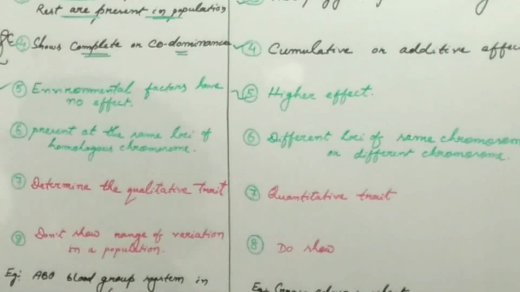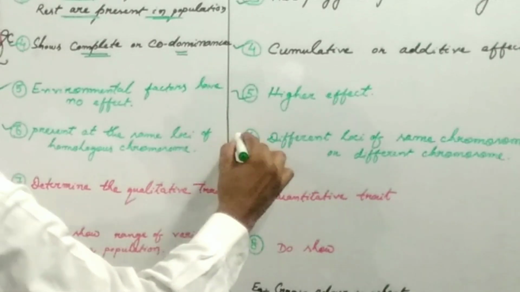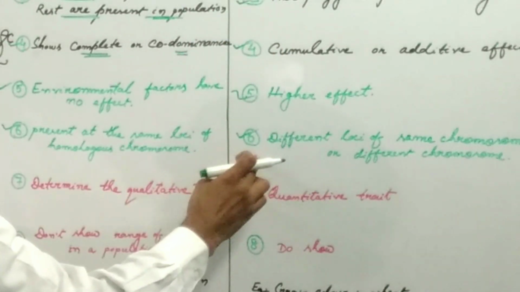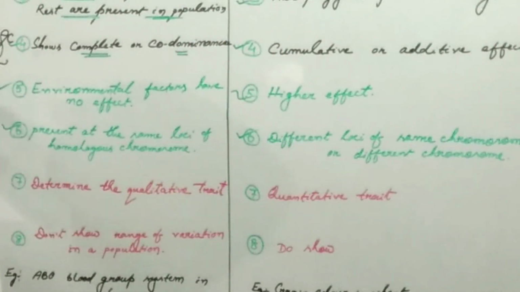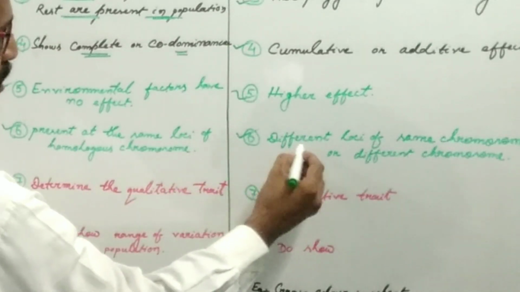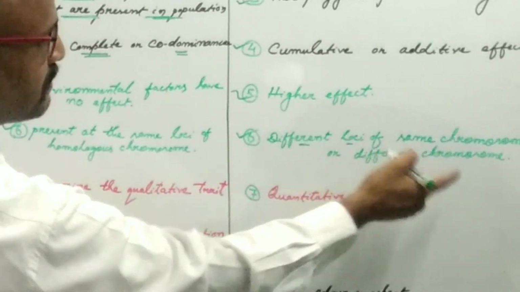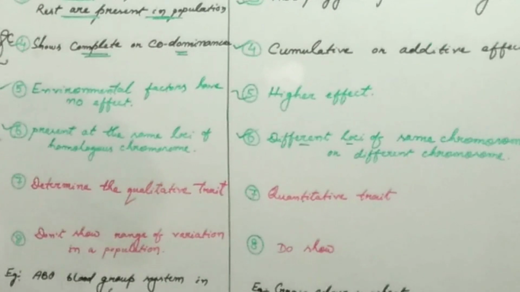Now come to the 6th point. Present at same loci of homologous chromosome. I have already told that these allelic forms may be present at the same loci of the homologous chromosome. But in polygenic inheritance, the different genes are present at different loci of the same chromosome or different chromosomes.